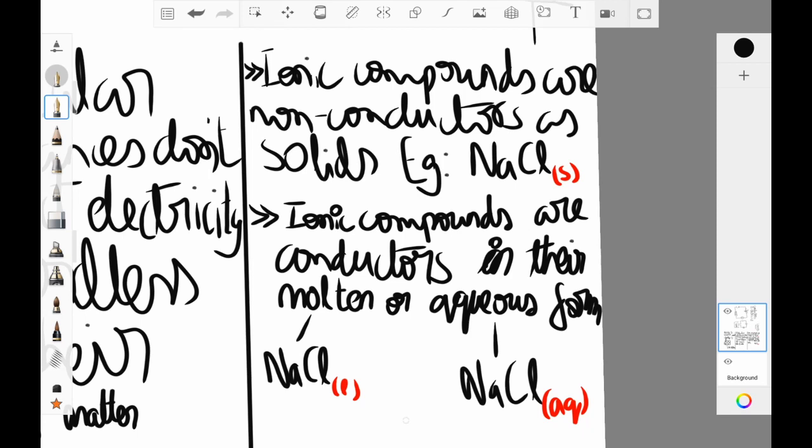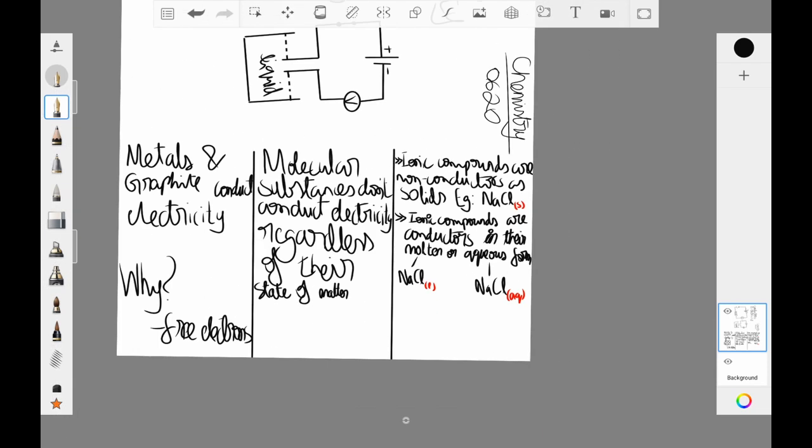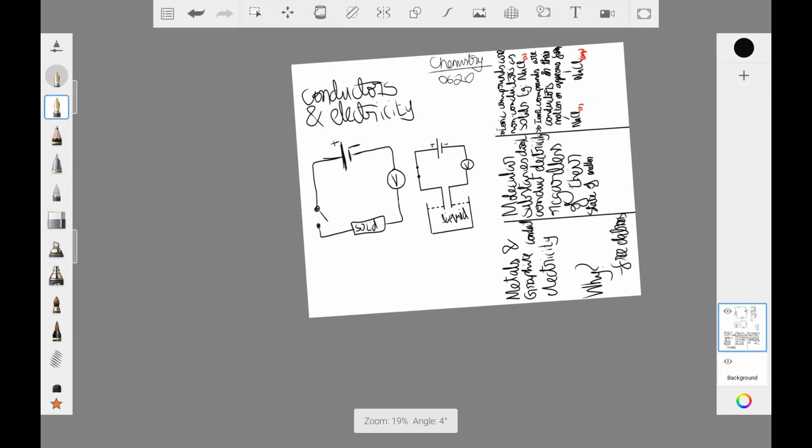However, if you were to use the second setup, using a molten ionic compound, so NaCl in its molten form, or if you were to make a solution using an ionic compound, so dissolving NaCl in water, then that substance would conduct electricity. And with that, we did finish the first real part.